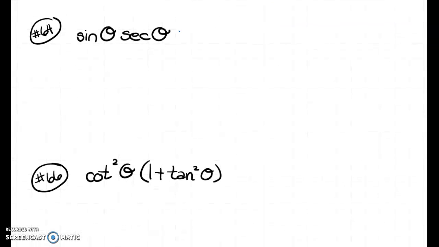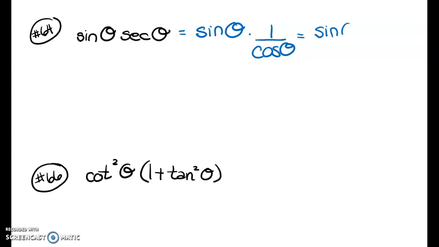Number 64, let's go ahead and write secant of theta in terms of sine and cosine. So I know that that is 1 over cosine of theta. And you can see here that nothing reduces. So I'm just going to multiply these two quantities to get sine over cosine. All right, so the second part of the instructions was to not allow any quotients in our final answer.